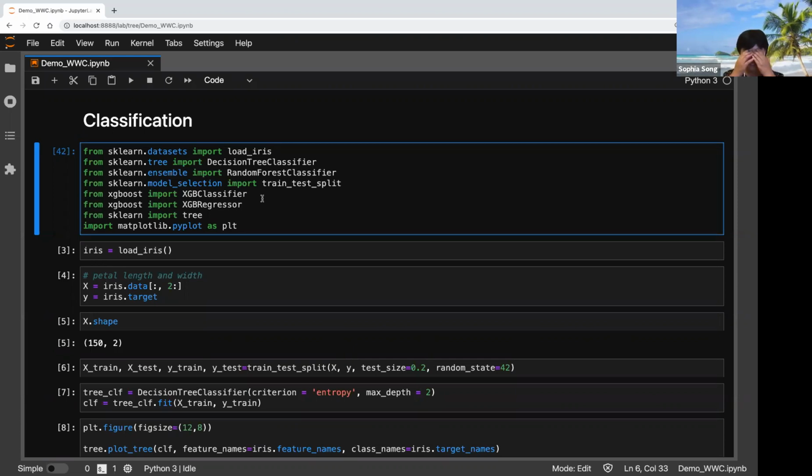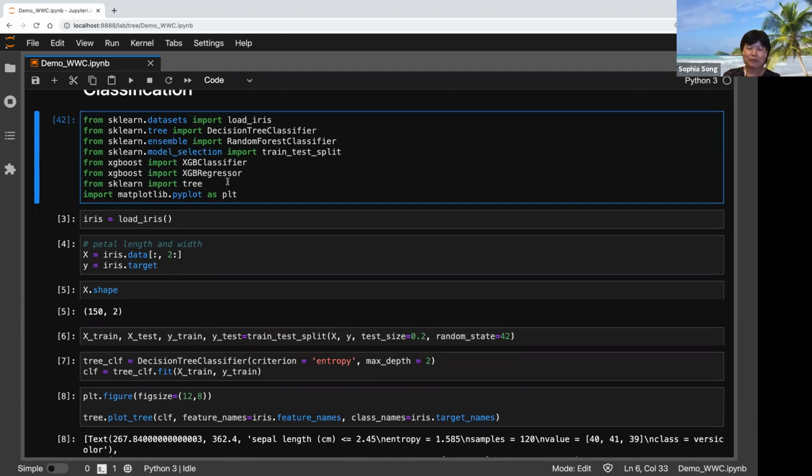Tonight my lecture is more focused on the behind-the-scenes mechanism. Here I want to demo that we can directly import XGBoost. XGBoost has two different models, classification and regression. Other algorithms like the decision tree and random forest are already included in scikit-learn. However, XGBoost is still a separate library, not in scikit-learn yet.